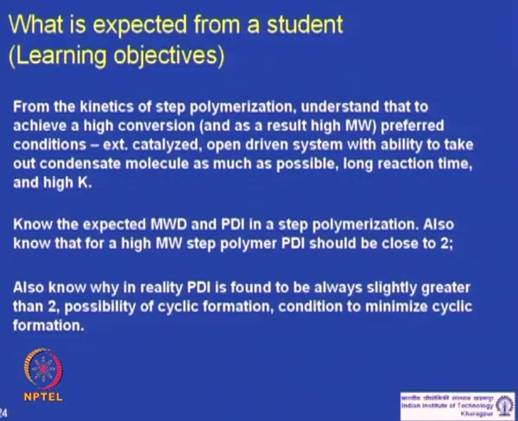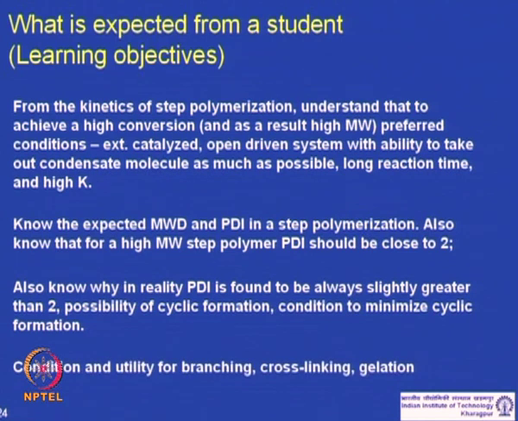And you also should know why in reality PDI always ends up being slightly higher than 2 because of side reaction, cyclization, and at the same time he or she should know what are the ways you can minimize the cyclic formation in a step polymerization.